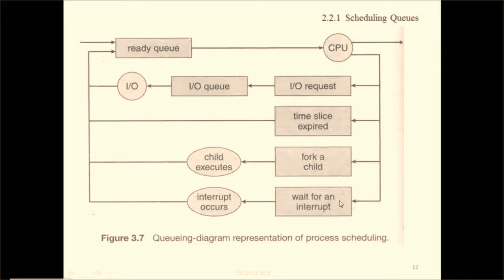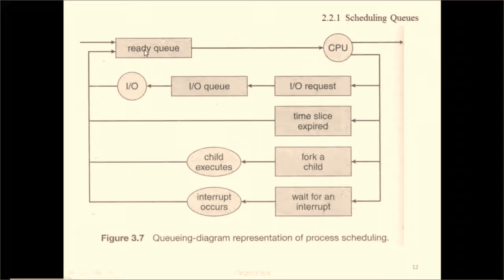It is waiting for an event other than I/O to occur. For example, it is waiting for a message from another process. Something like that. Now when that interrupt comes for which it is waiting, the interrupt is received, processed, and now the process has to wait for nothing else than the CPU, so it goes into the ready queue.